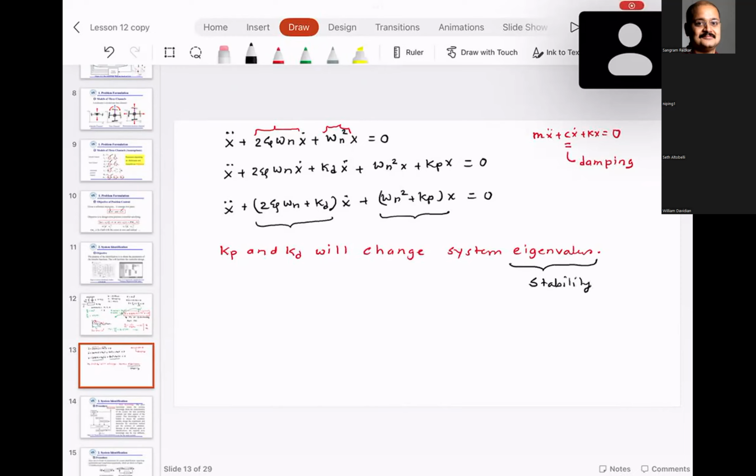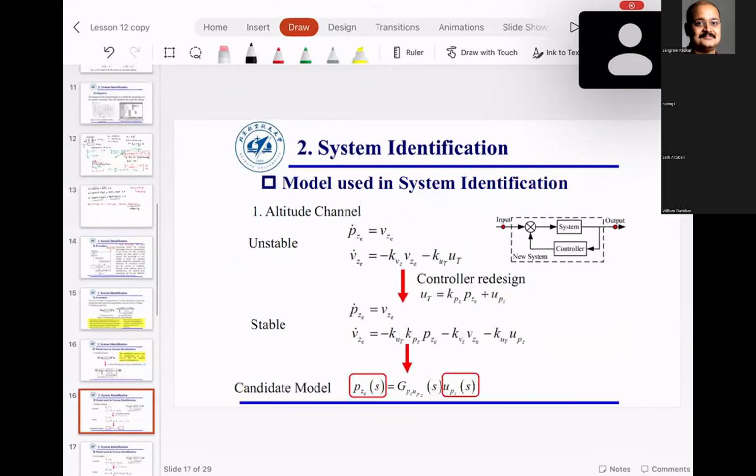So by changing Kp and Kd, you basically change the poles or the eigenvalues, and that in effect would change the behavior of the system. So that is what happens.